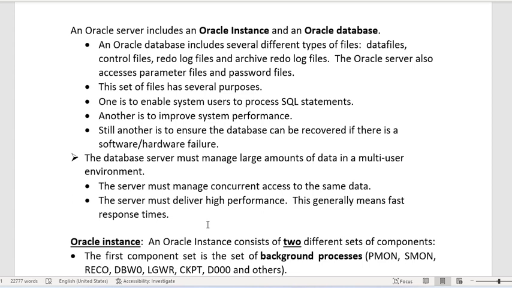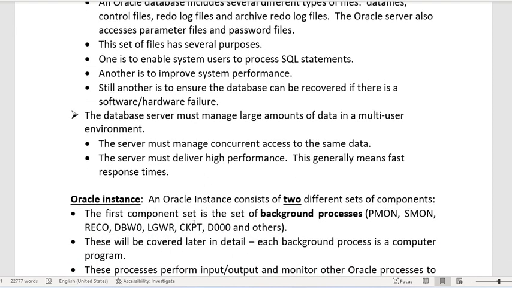The server must manage concurrent access of the same data, and the server must deliver high performance. This generally means response time. High performance generally means database IO and memory utilization. If memory and IO utilization are high, it means there is some performance issue going on with the database.